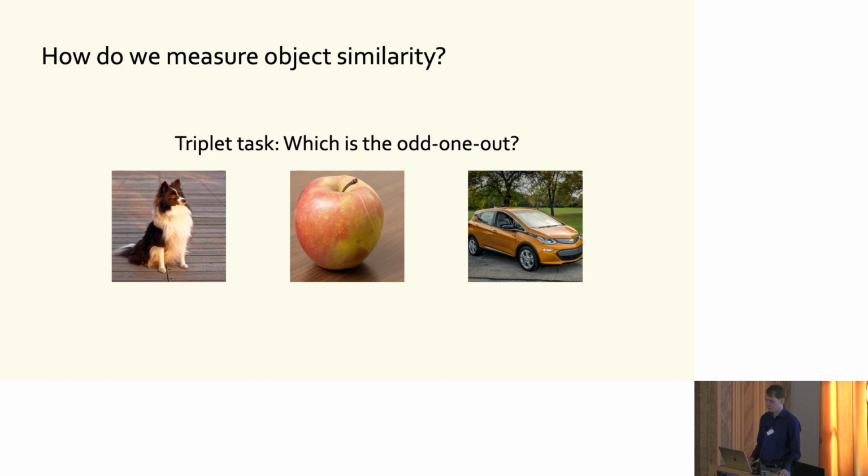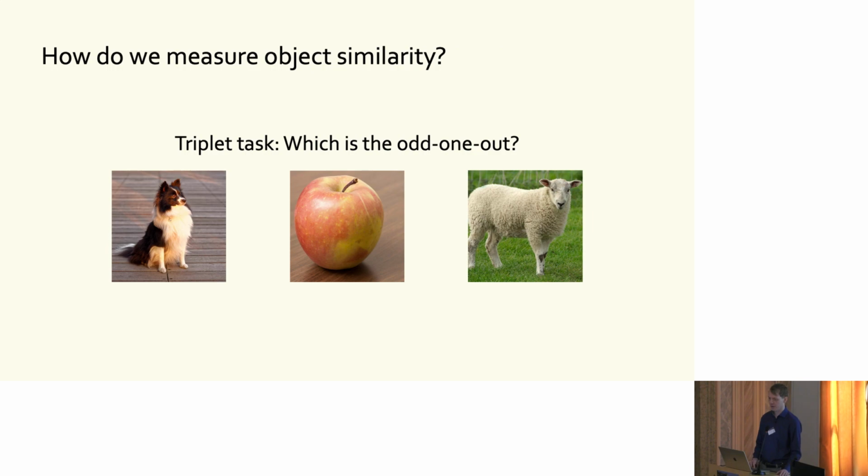What we're doing with the triplet task is changing the context in which these two stimuli appear by just changing one of the triplet examples. What this allows us to do is to look at the similarity of these two images relative to all possible contexts that are imposed by a third stimulus, which requires, of course, a very broad sampling, but that's exactly what we're doing here.